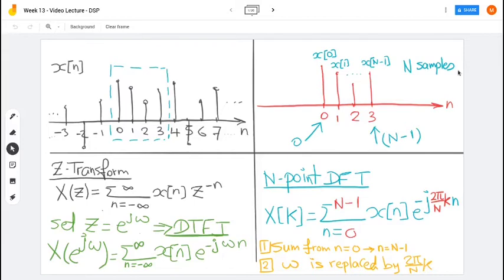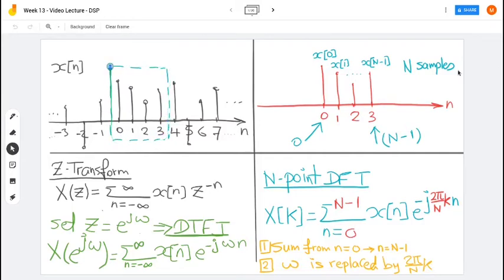That's why, instead of defining a signal extending from minus infinity to positive infinity, we choose a window, a part of this signal that we will be dealing with at a time. So, for instance, we will define a window starting at instant 0, ending at some point, let's say 3 over here. Choosing this part of the signal, we will only be dealing with finite duration sequences and finite summations.